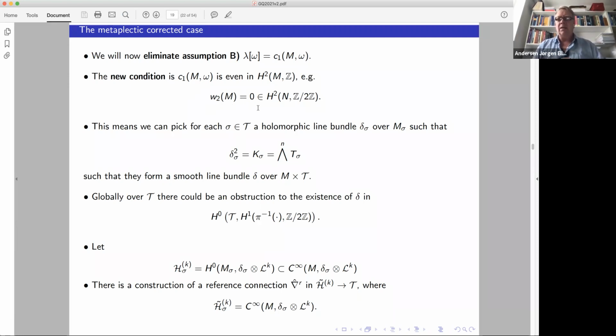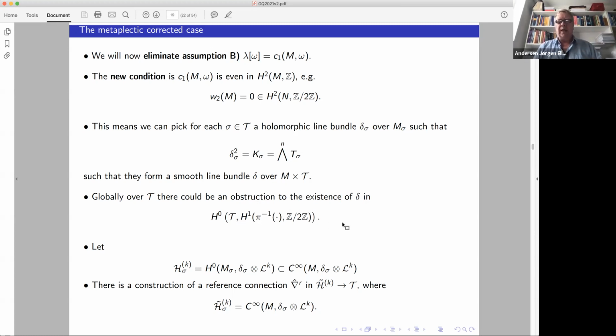If that is the case, then what you should do is consider a square root of the canonical bundle of your Kähler manifold, for each point in the family. There is a little issue here, that there is a cohomological obstruction to constructing a consistent square root all over the family. It lies in this cohomology group here.